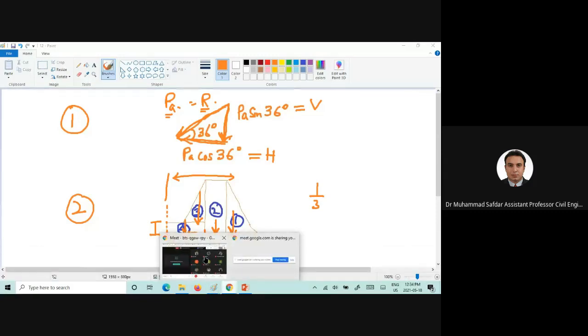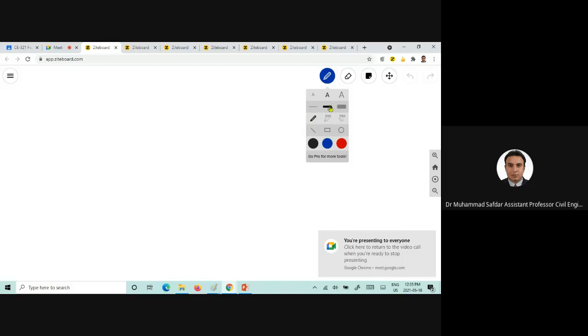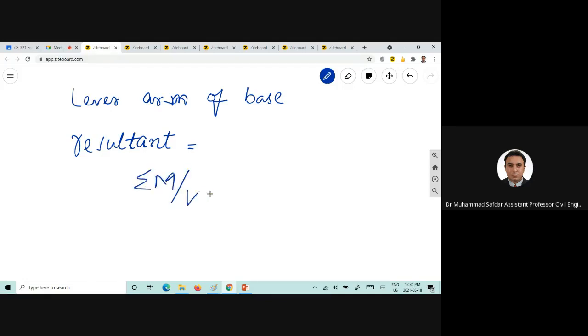Okay, now the rest. Now we need to find out the lever arm of base resultant, and that we can easily find out using the summation of moments divided by the vertical forces.